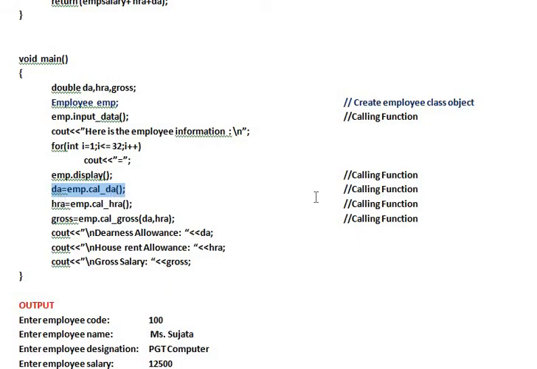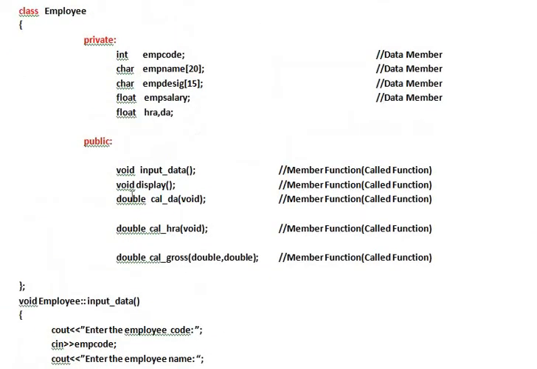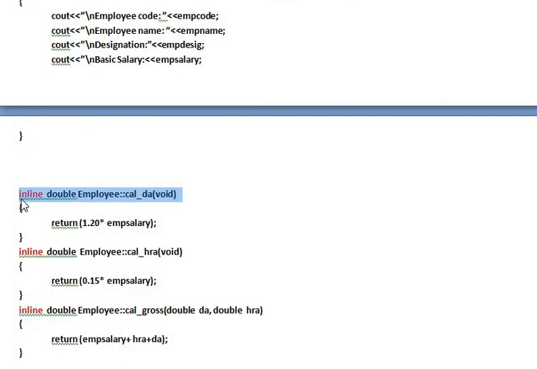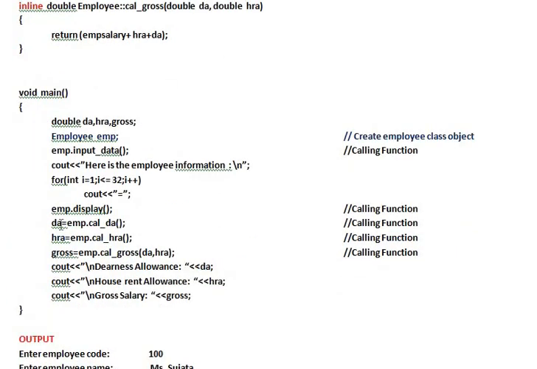Since this function was declared to be inline, its function body, this portion which describes the implementation details of the function, can be directly placed into this calling function, so that the control need not jump into the call function, and that saves a considerable amount of time, because the jumping process involves a lot of time wastage.